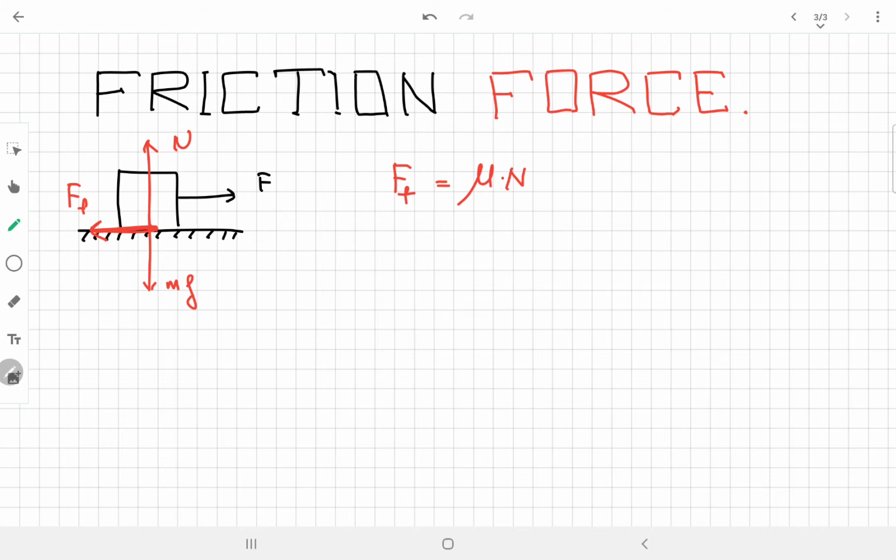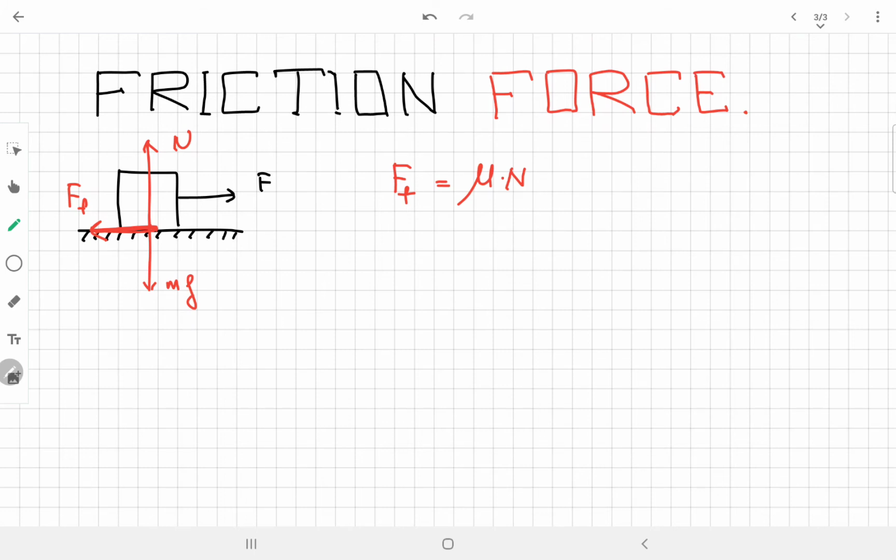Don't confuse it with the weight. You should not multiply by weight. Sometimes normal force equals weight, but it doesn't mean you can always use weight instead of reaction force. This is very important.